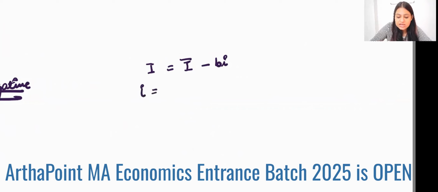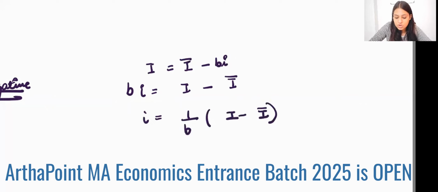My b times i will come here, and this will become b i is equal to I bar minus I. And i will be 1 upon b times I bar minus I. So this would be 1 by b times I bar minus 1 by b times I. This is how I'm going to write my investment function.